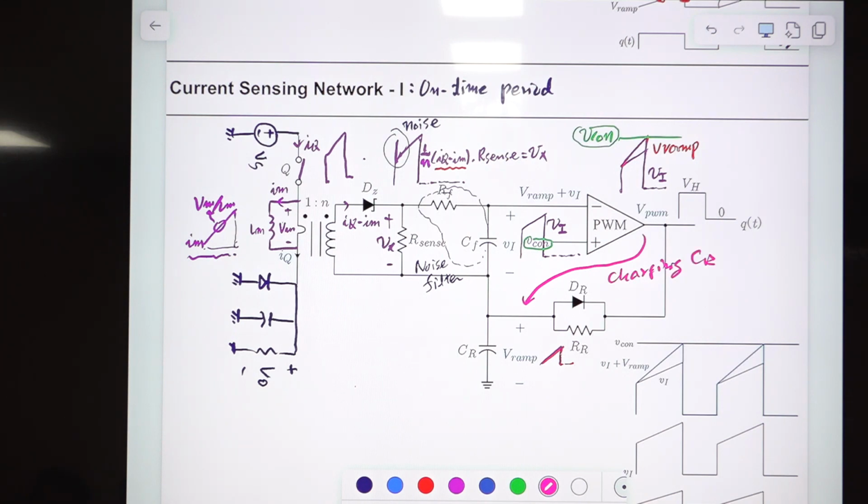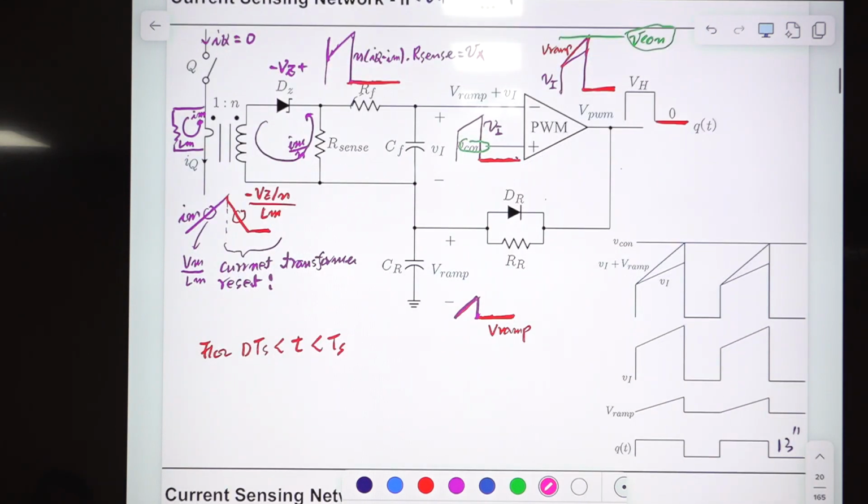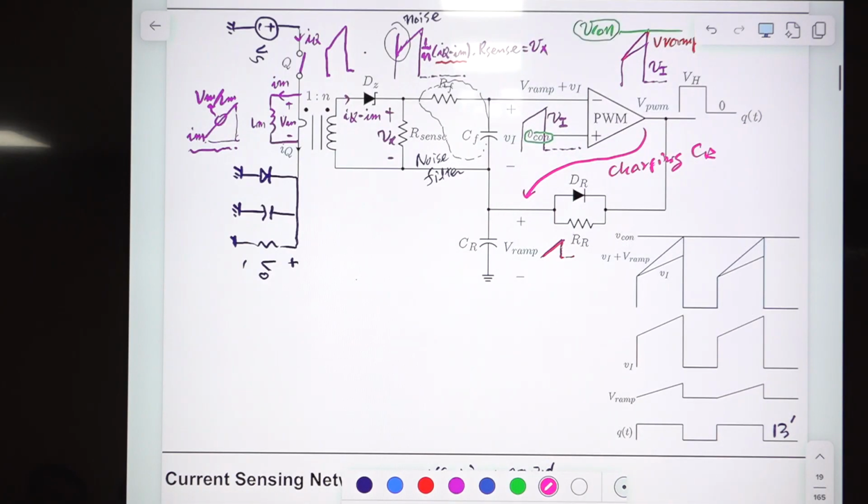Okay, and this part is valid for this time period, and this is valid for this other time period.